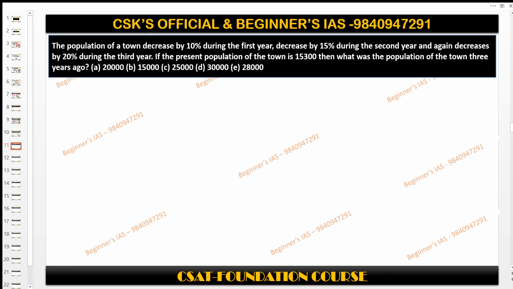You have to reduce 1350. Then second year population is 7650. Third year reduces by how many? 20 percentage of 7650. 765 into 2 is 1530. Subtract, 6120.